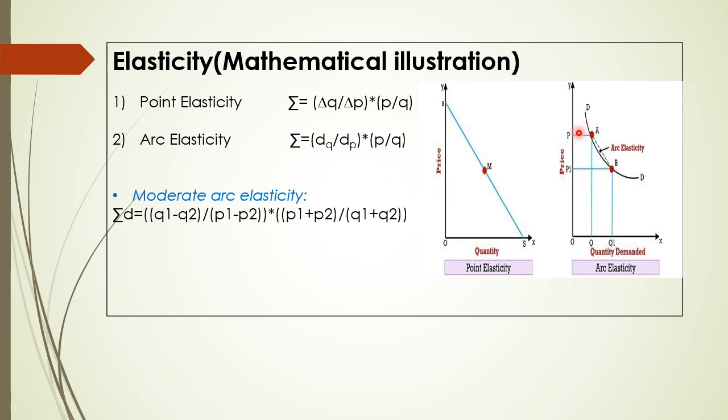For arc elasticity, the slope changes along the curve. So the key difference is that point elasticity is the exact measurement at one specific point on the curve, and arc elasticity is the average measurement between 2 points on the curve.